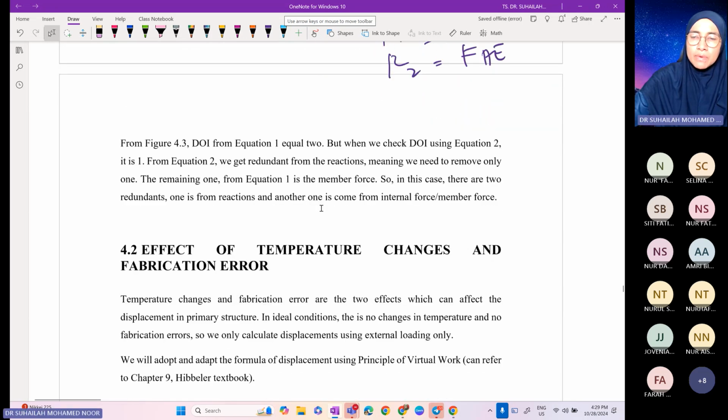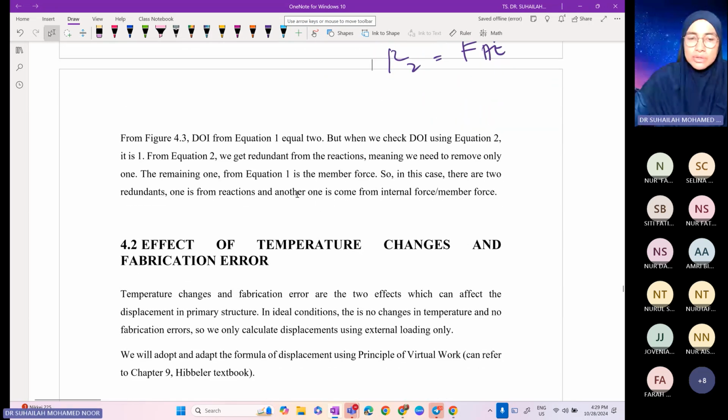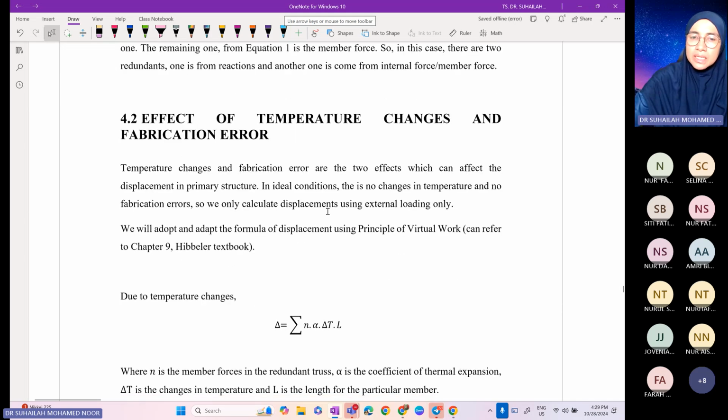Okay, before we move further, I want to introduce you to the effect of temperature changes and fabrication error in analysis of truss. These temperature changes and fabrication error actually affect displacement, because when you first learned about displacement using the unit load method, please recall.